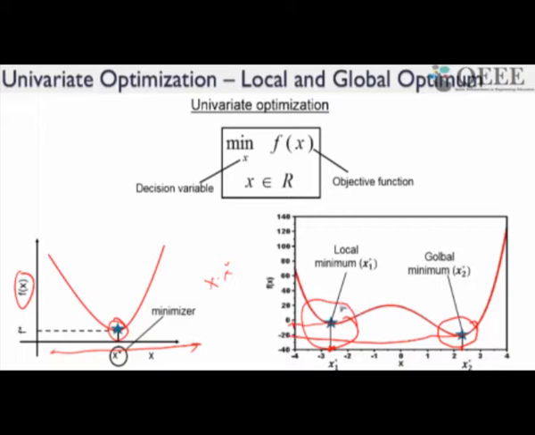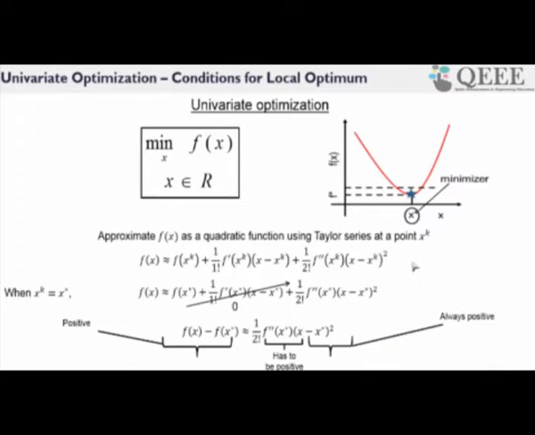Because we only look at it locally, both of these are called minimum. If I am sitting here, I have no idea that something like this is going to happen over there. So when I look at myself locally, in any direction I go, the function increases. So I would say this is a minimum. This is called a local minimum, and this is called a global minimum.